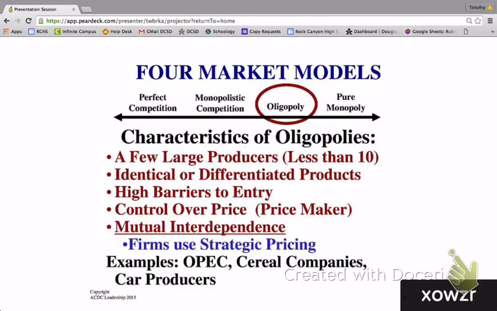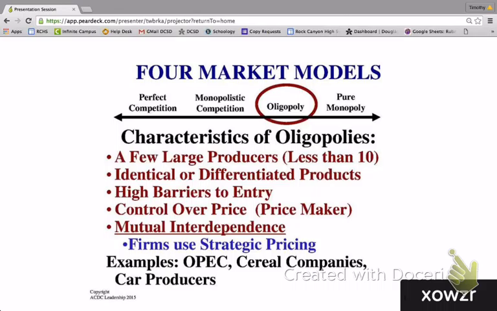And so when profits are being made and other firms want to enter the market to compete against them and make more profits, there are high barriers to entry that prevent those firms from entering. So because of this, they do have a significant degree of control over the price that they charge. And therefore, once again, like monopolies, they are price makers rather than price takers. They don't have to take the market price as a given.